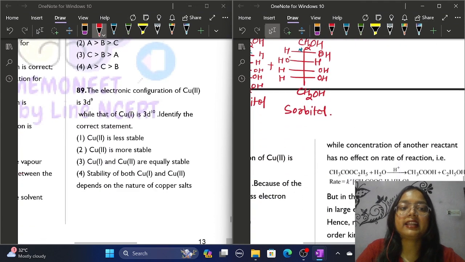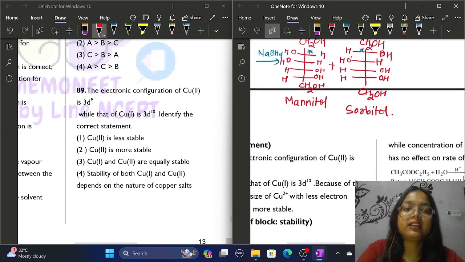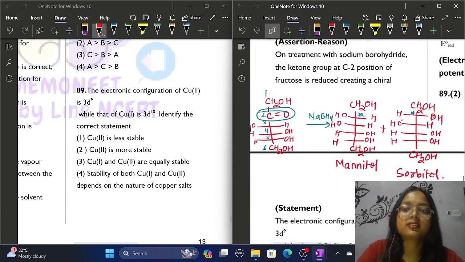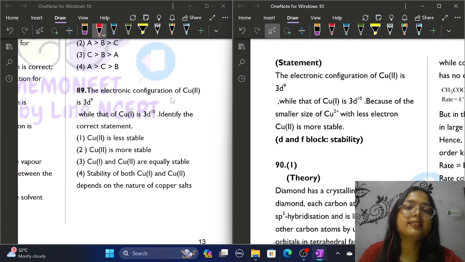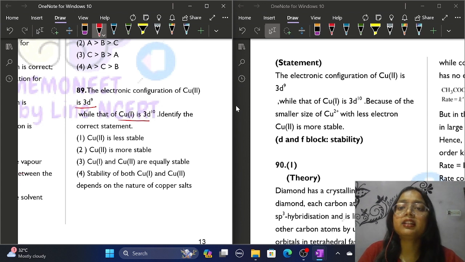Question number 89. The electronic configuration of copper 2 is 3d9 while that of copper 1 is 3d10. Identify the correct statement. The correct statement is that copper 2 is more stable.